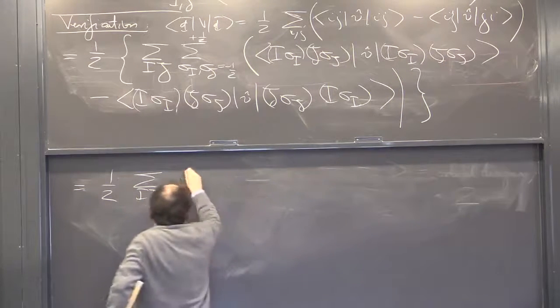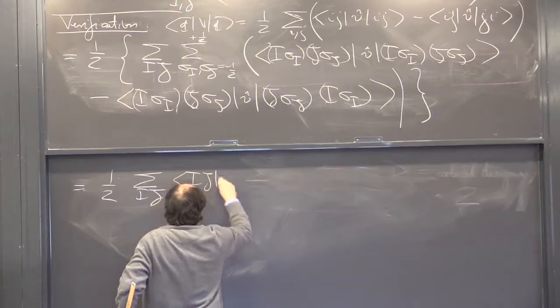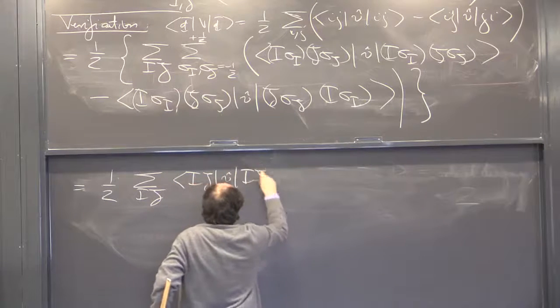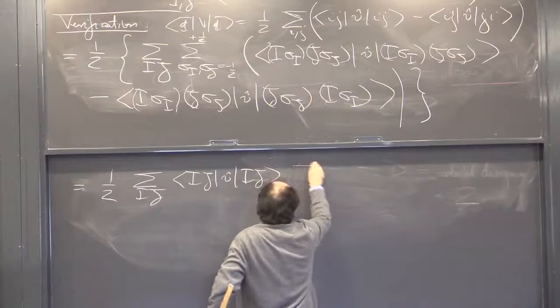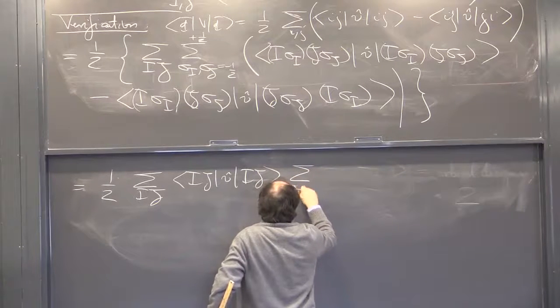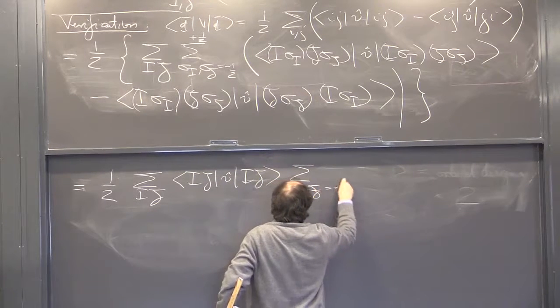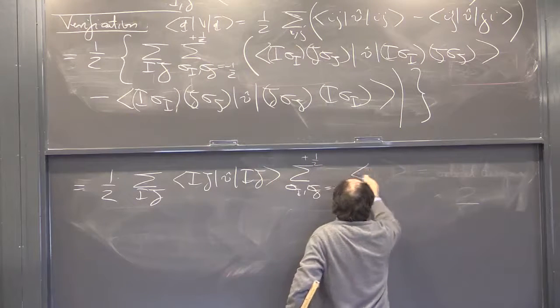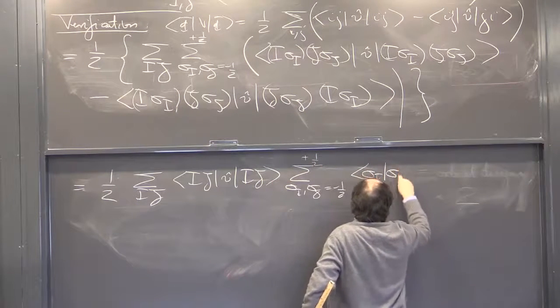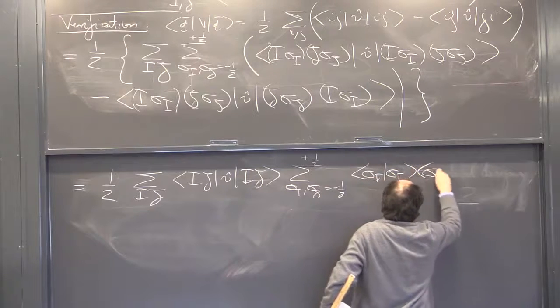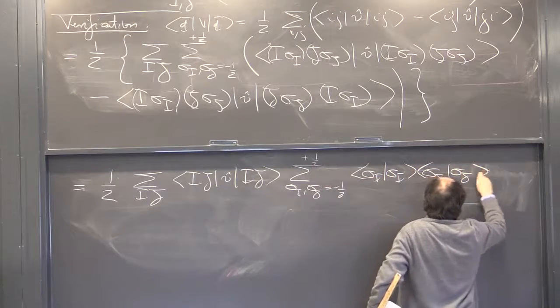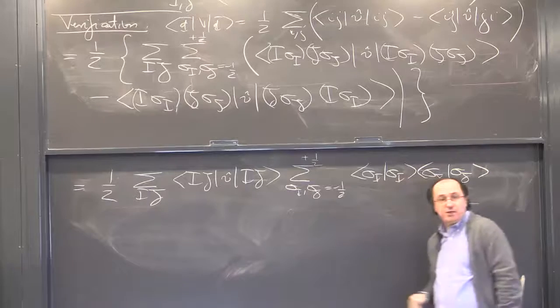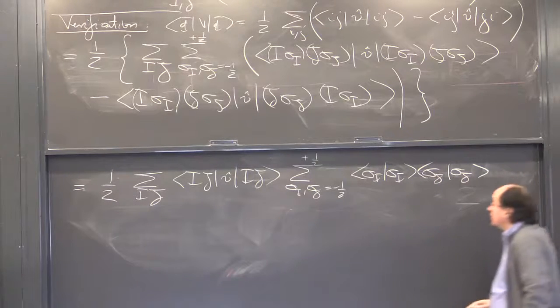So I end up with a matrix element ⟨ij|v|ij⟩, and then a summation over spins σ_I and σ_j running from minus 1/2 to plus 1/2, of ⟨σ_I|σ_I⟩ times ⟨σ_j|σ_j⟩. That's how the first term will look, the Coulomb part.